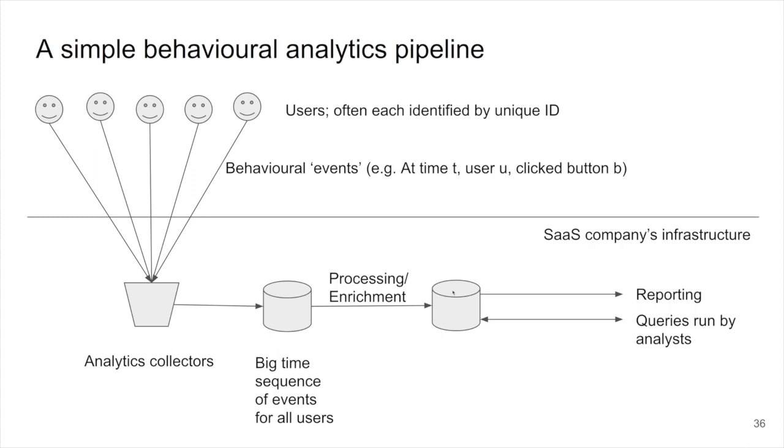Then the time series of enriched log lines are used as the data source for automatically generated business reports on the one hand, and to support ad hoc queries that analysts and product managers might run in order to answer specific business questions.